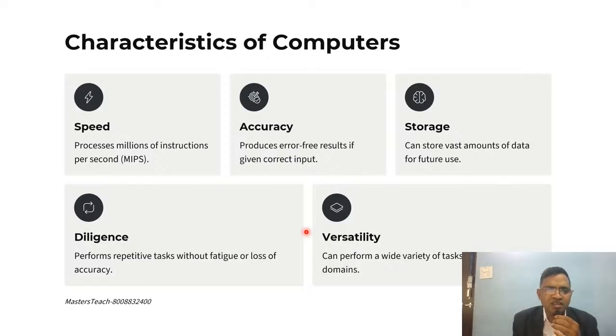Then diligence, so it performs repeated tasks without any tiredness. And versatility, it performs different varieties of work. These are the characteristics of a computer: speed, accuracy, storage, diligence, and versatility.